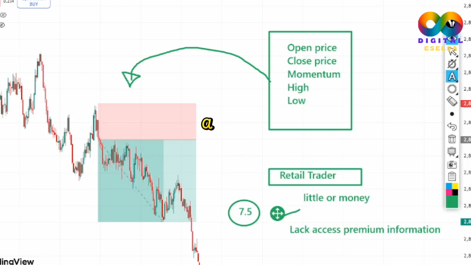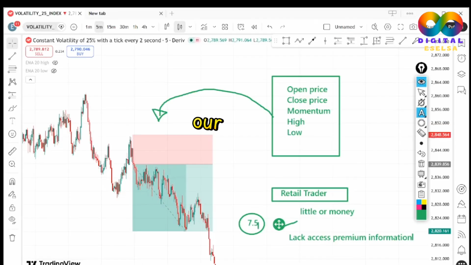You guys know that there are a lot of fundamental and economic news and data that actually affect the movement of this market.